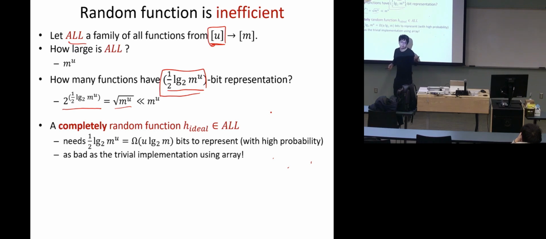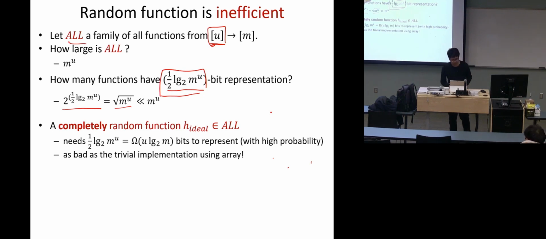Only a tiny fraction can be represented succinctly. Most of them need this large representation, and that is u times log n. So just to represent this random function, you take space something like u. That's as bad as a trivial implementation that takes space u. Just to represent the function itself takes too much space.